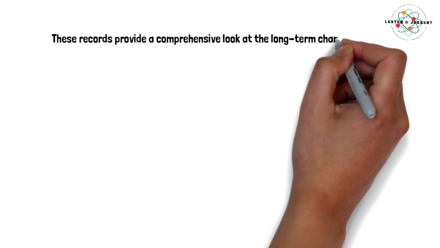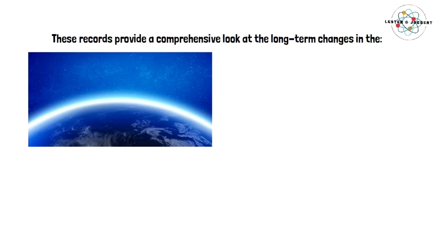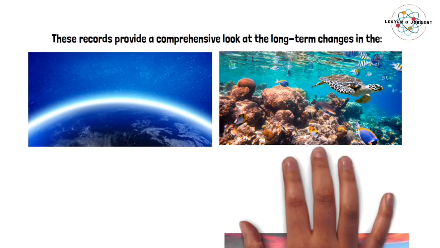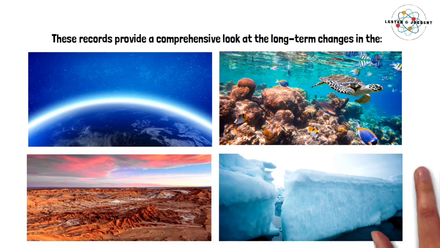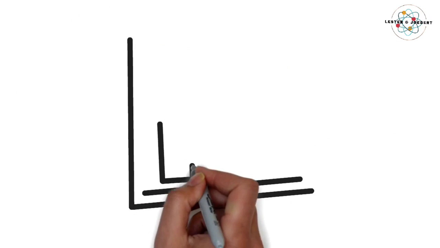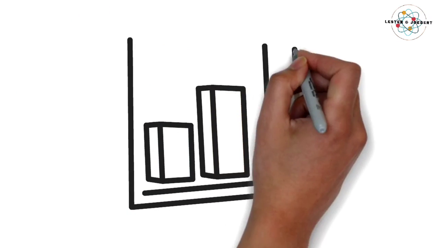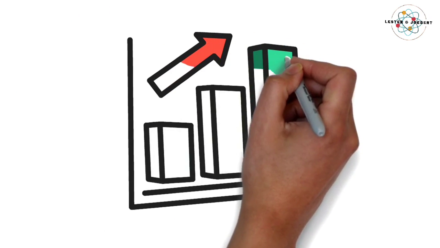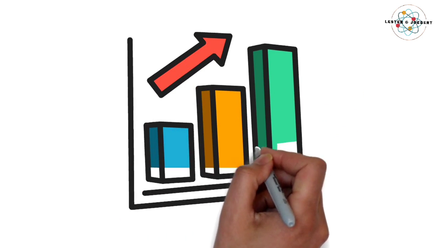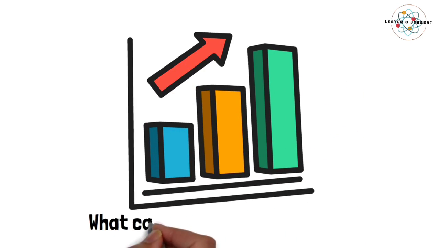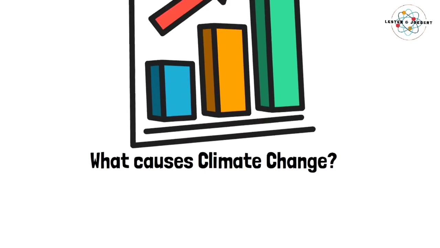These records provide a comprehensive look at the long-term changes in the Earth's atmosphere, oceans, land surfaces, and cryosphere or frozen water systems. Scientists then feed this data into sophisticated climate models that are able to predict future climate trends with impressive accuracy. What causes climate change?